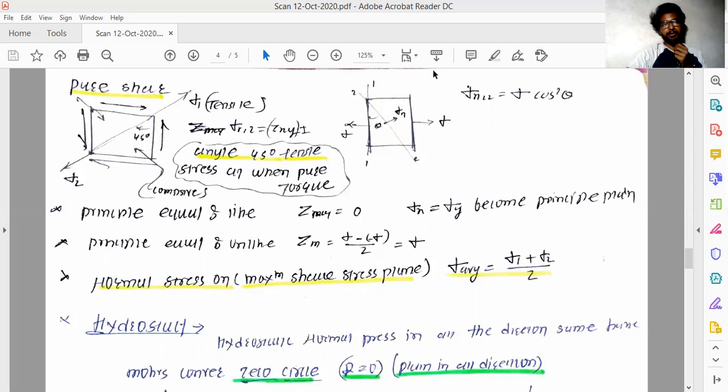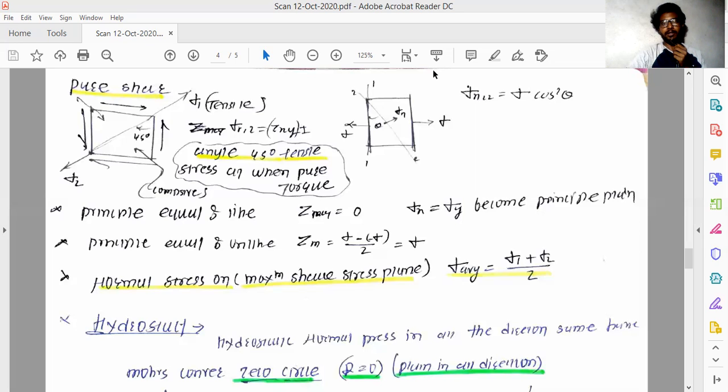when you try to calculate the maximum and minimum principal stresses, they will turn out to be plus or minus the shear stress. This is the notation: when this kind of wording comes up, it means the force is applied in the form of pure shear stresses.